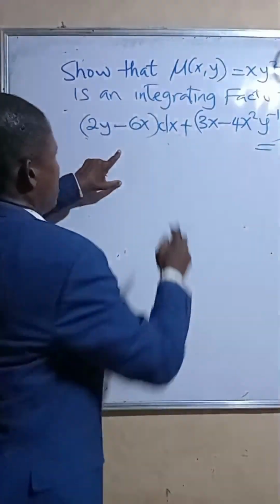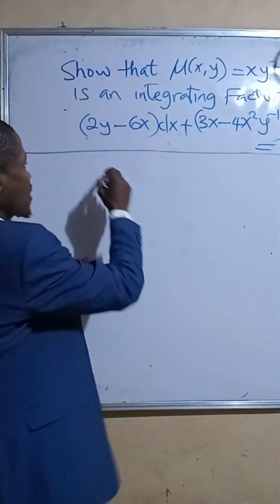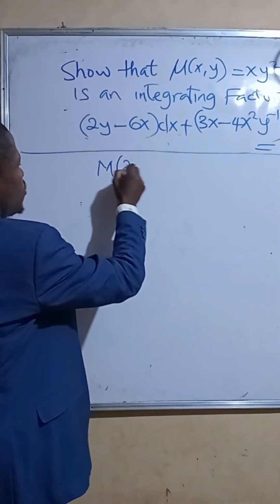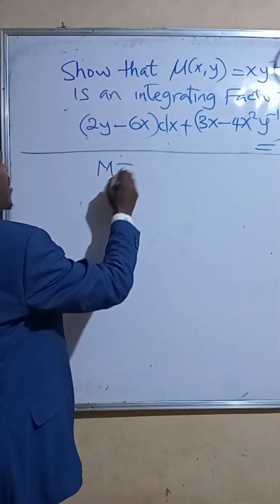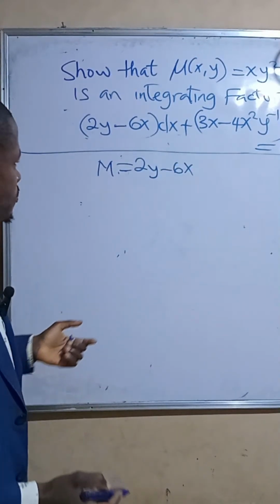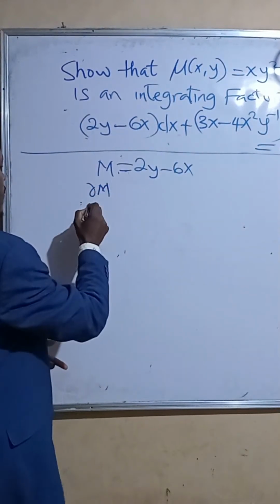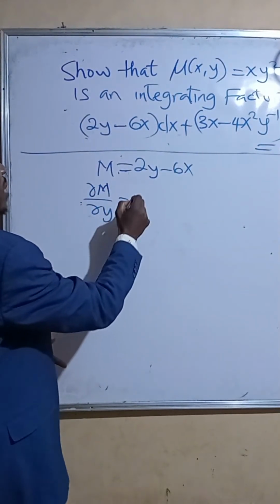So the first thing to do, correspond this to the standard form. My M is 2y minus 6x. Differentiate it with respect to y. If you do that, we're going to have 2.